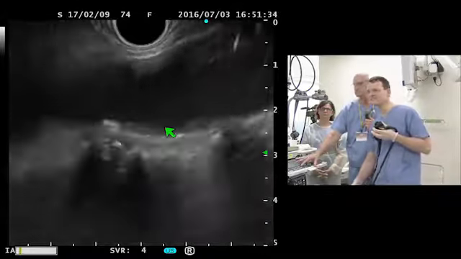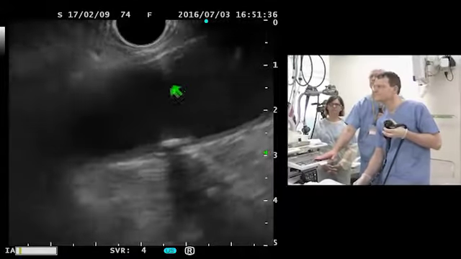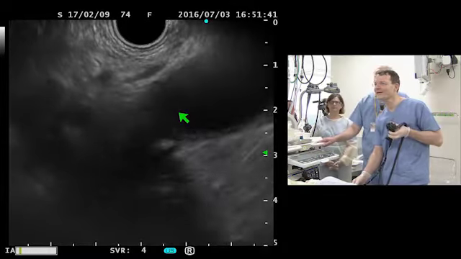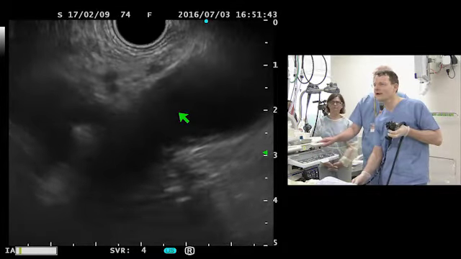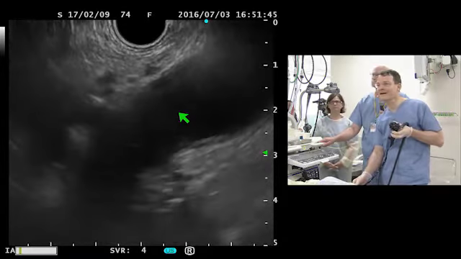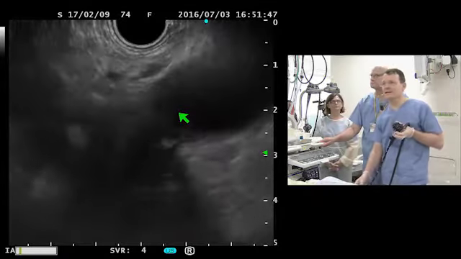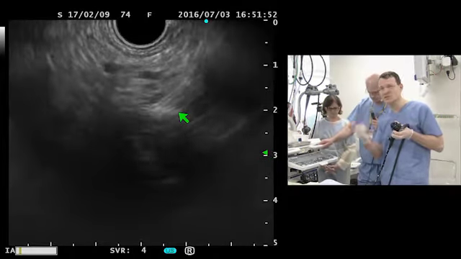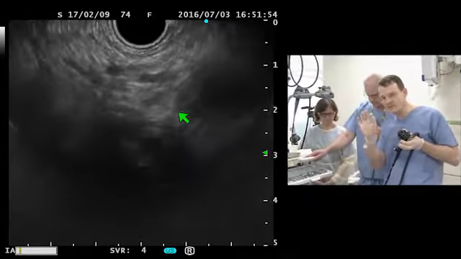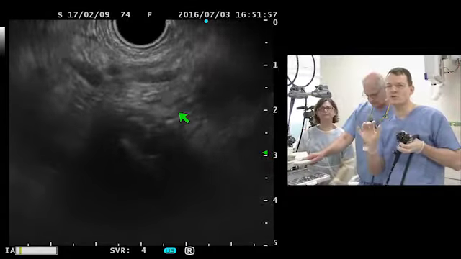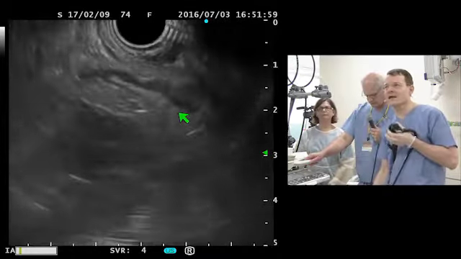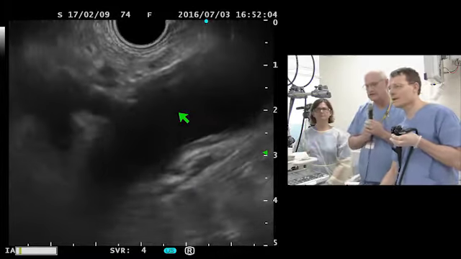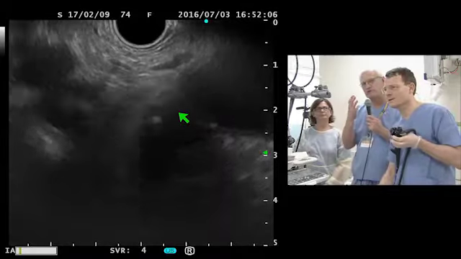Professor Seewald, sorry not to disturb you. No problem. I just want to go back to the papilla. Just a clarification: there's no mucus coming out of the papilla? No. We tried for 5 minutes, sucking air off, but there is no mucus. And second, the papilla looks a little bit swollen, but it's not a papillary tumor. Okay, thank you very much. It does look a little bit, the term that we use is patulous.